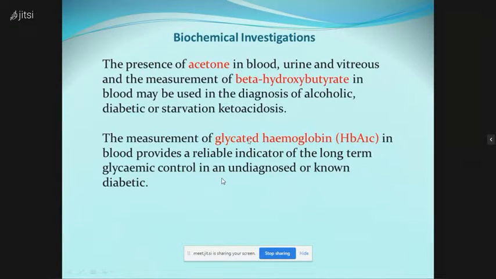Other investigations include assessment of acetone and beta-hydroxybutyrate. Glycated hemoglobin, HbA1c, is important to assess diabetes and whether the diabetes was under control or not.